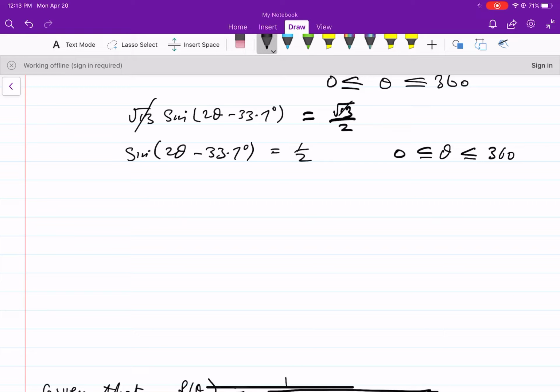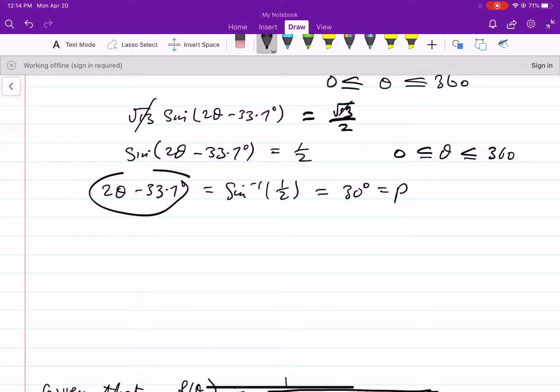Works pretty well. So I'm going to use the general solution technique here again. You remember how that goes? 2 theta minus 33.7 is equal to sine inverse of a half, which is, I know that's 30 degrees. I don't have to look that up. And that's my principal angle. This is my alpha. This is my principal angle P.